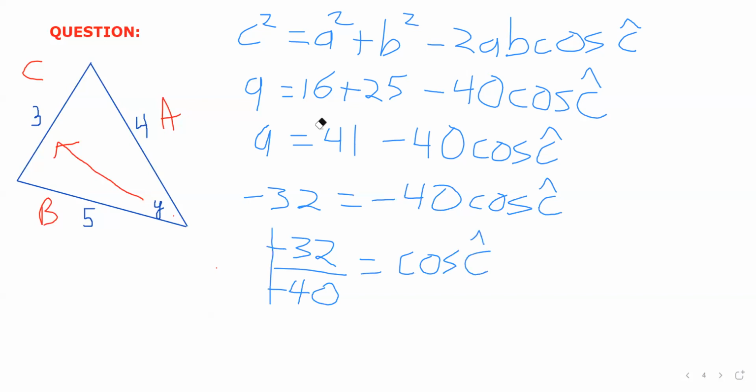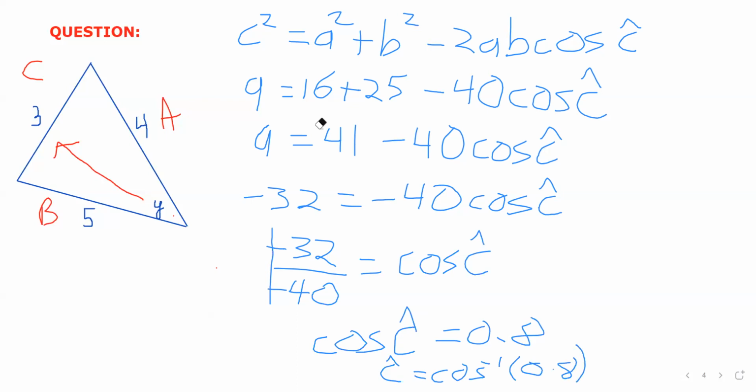The negatives will cancel. We know 32 divided by 40 is 0.8. So we end up with cos the angle at C is equal to 0.8. Alright, and to solve for the angle at C, it will be equal to the cos inverse of 0.8.